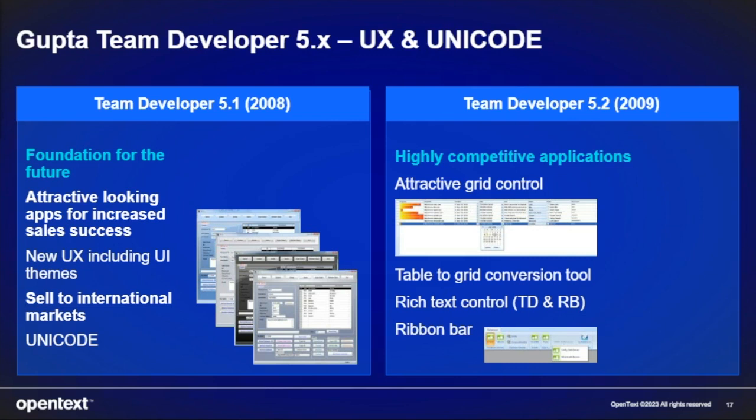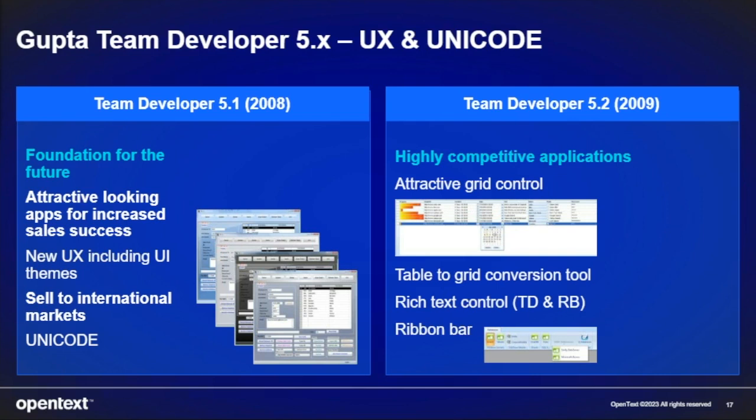We introduced an attractive-looking UI theming mechanism that allowed developers and users to switch the graphical appearance of the user interface during runtime, and for the developer also during development time for the IDE itself.